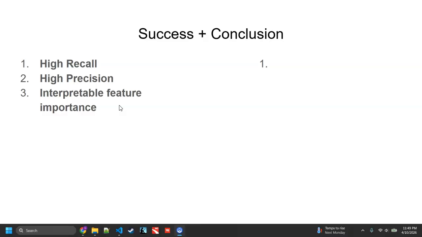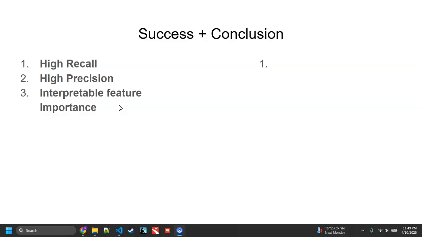Another key takeaway is the value of combining both supervised and unsupervised learning. Supervised models are really good for known threats, whereas unsupervised models will provide additional coverage for novel or unknown attack patterns.